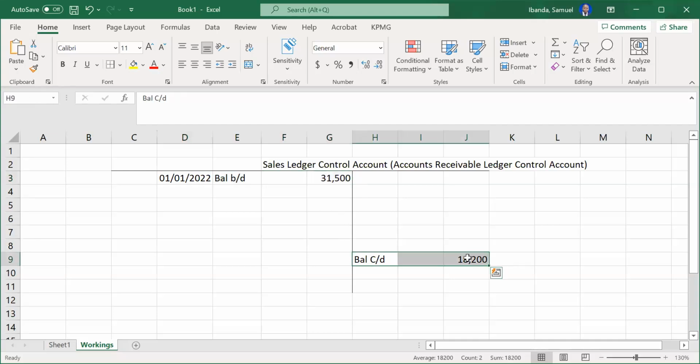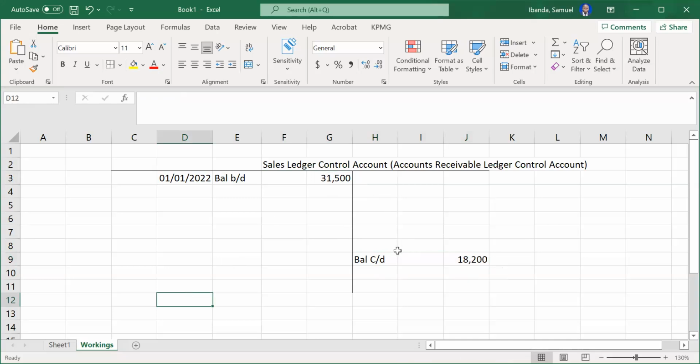Remember, when you're balancing off your ledger, if an item has a balance carried down, usually the balance carried down is on the credit side because the balance brought down will be on the debit side in the next period. So that is how it happens.